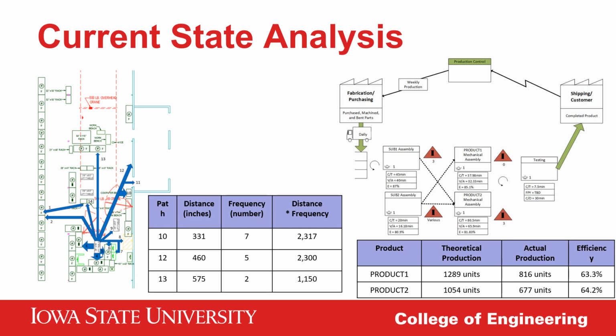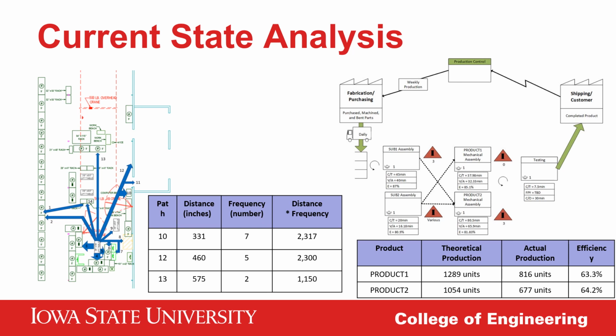That data was used both for the value stream map, and also to compare against the previous data given to us by our client in terms of their throughput and production data for last year. We were able to compare the theoretical amount of units that they should be able to produce of the two individual products against the amount that they were actually producing last year.